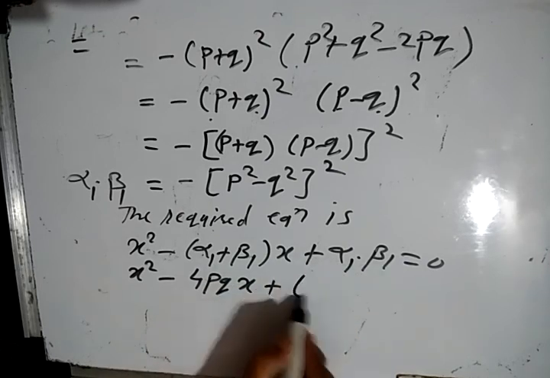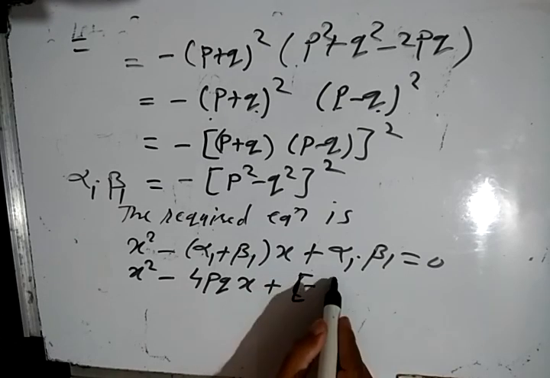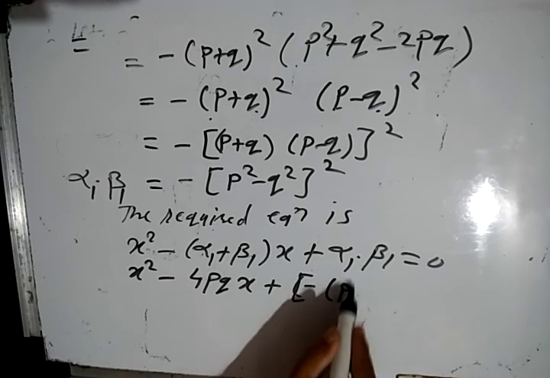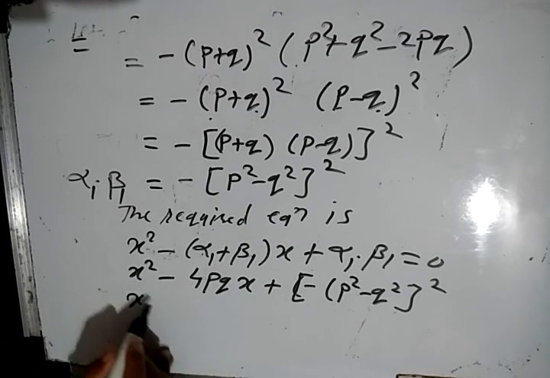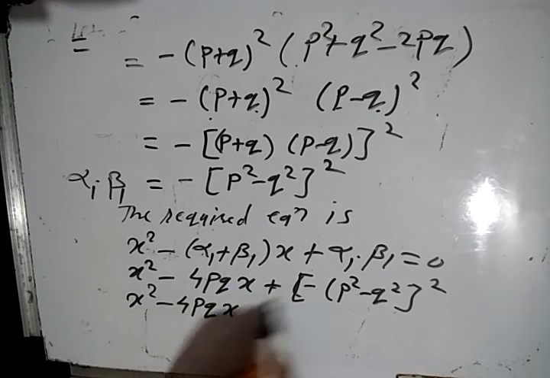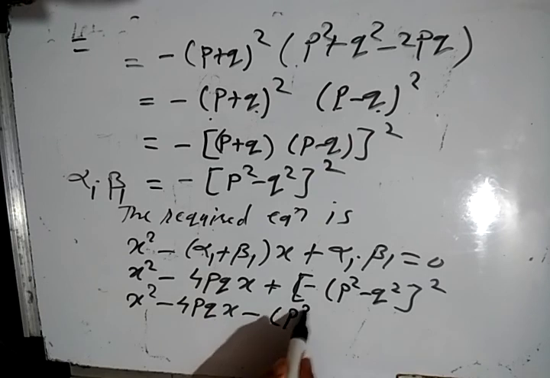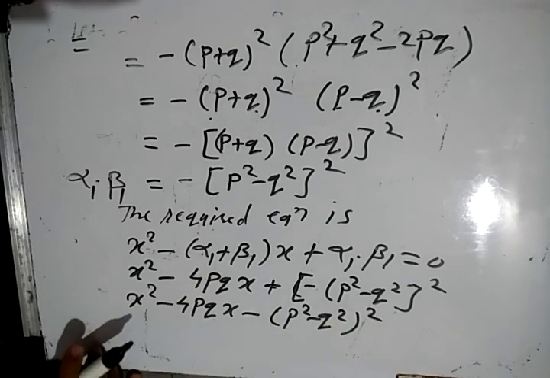Here the value is minus p square minus q square whole square. This plus minus minus, therefore the equation is x square minus 4pqx plus minus minus, and here we can write p square minus q square whole square.